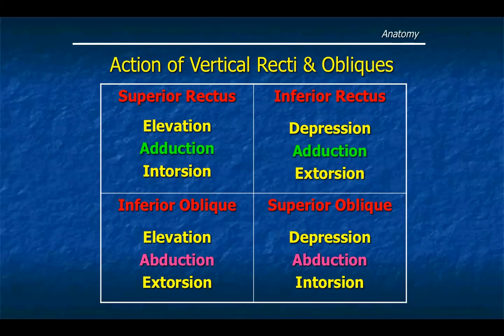So to summarize, the vertical recti and the obliques each have 3 actions: superior rectus elevation, inferior rectus depression, inferior oblique elevation, superior oblique depression. The obliques are abductors, the vertical recti are adductors, the superiors are intortors, and the inferiors are extortors.